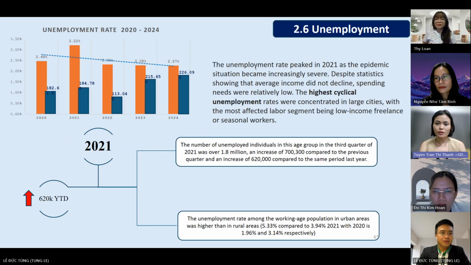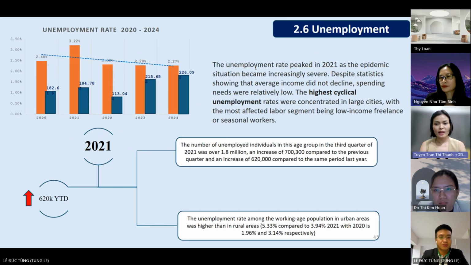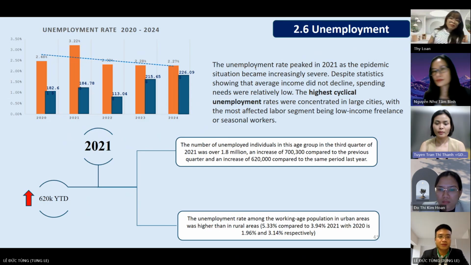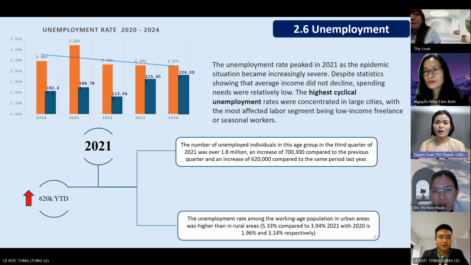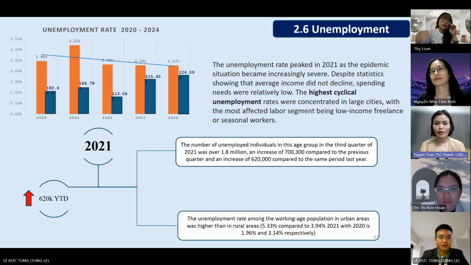The unemployment rate peaked in 2021 as the pandemic situation became increasingly severe, and despite statistics showing that average income did not decline, spending needs were relatively low. The highest unemployment rates were concentrated in the large cities, with the most affected labor segment being low-income freelancing or seasonal workers.